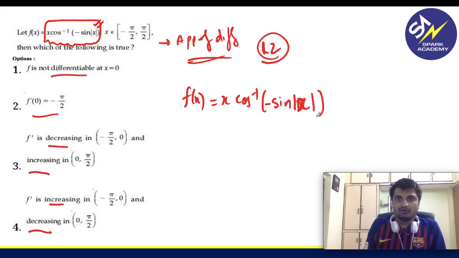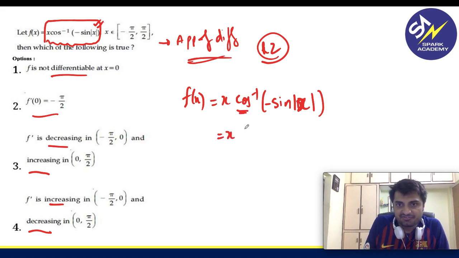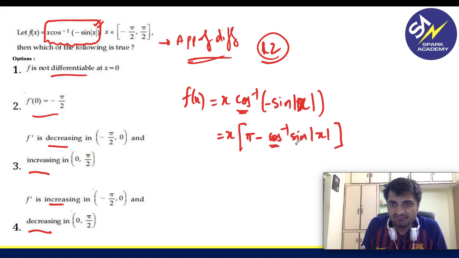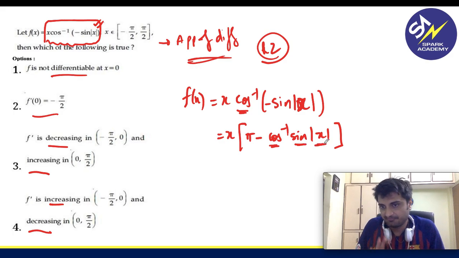Okay, how do you write cos inverse of minus x? In trigonometry we learned inverse trigonometry. This I can write as pi minus cos inverse of sine of mod x. Correct guys? This is what I can write.